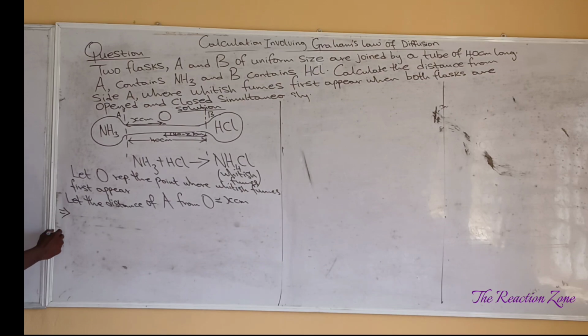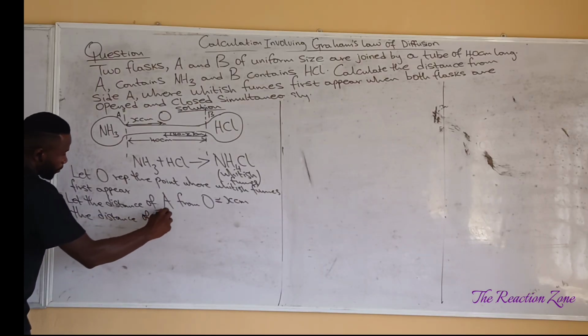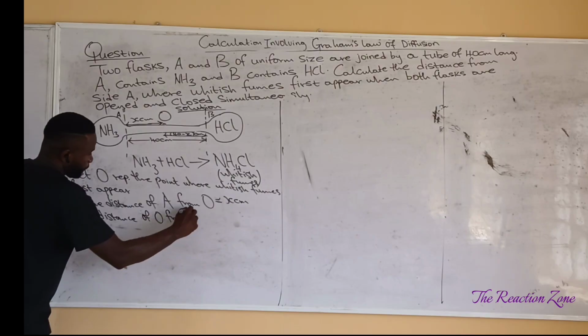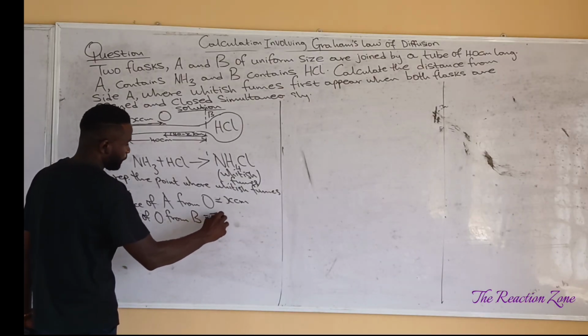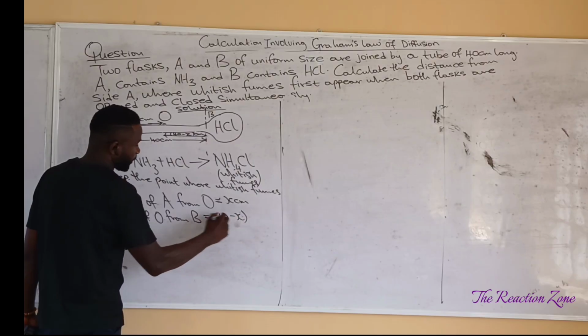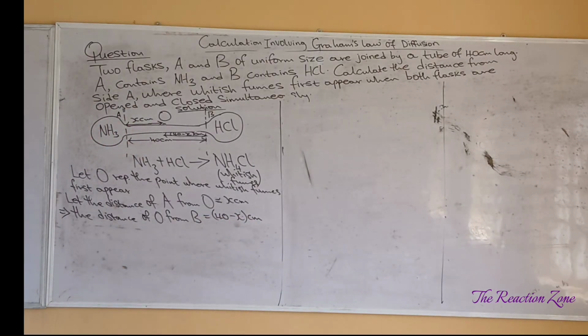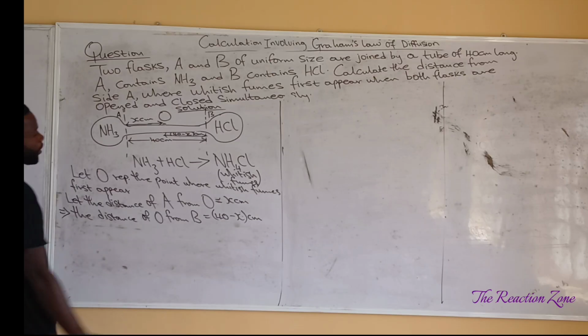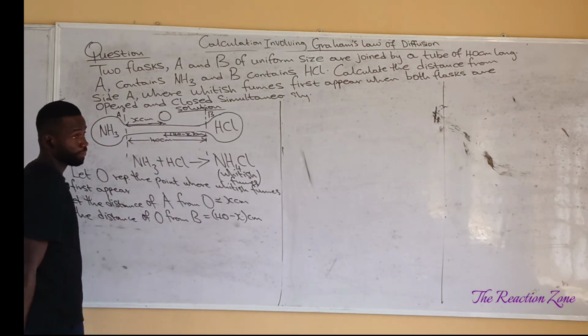So we have to make another assumption that the distance of O from B is equal to 40 minus x centimeters. And when you add these two values together, it will give you 40 centimeters.